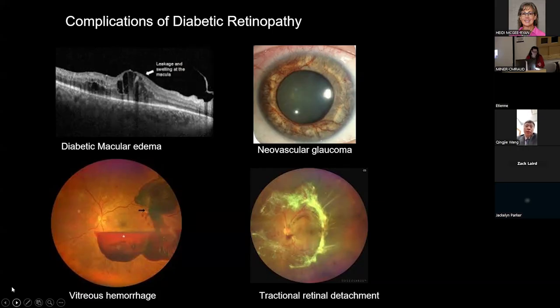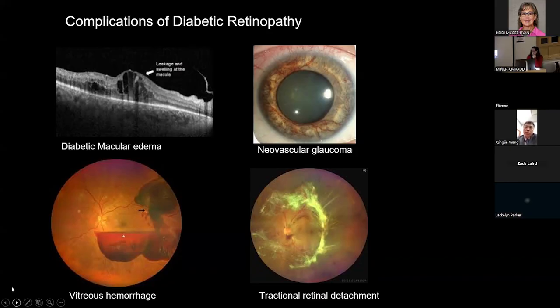This can be within the retina or underneath in the subretinal space. Depending on the visual acuity and the appearance of the macular edema, you triage and decide if the patient needs intervention or not.